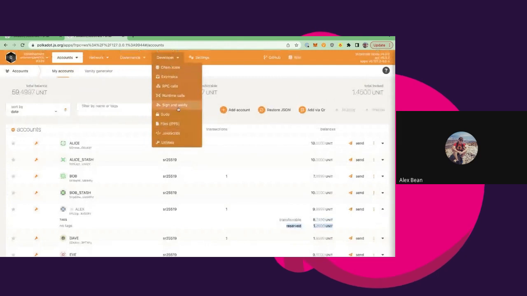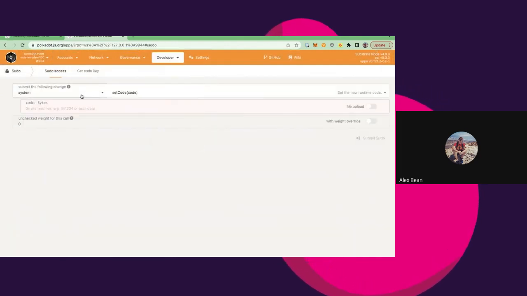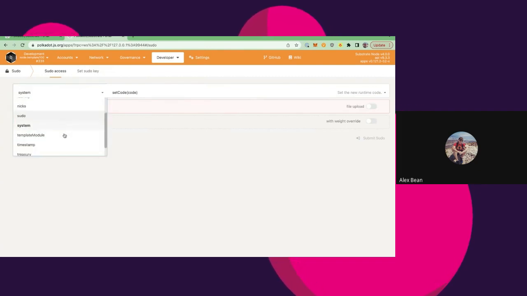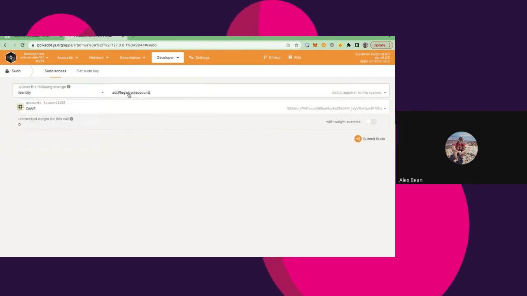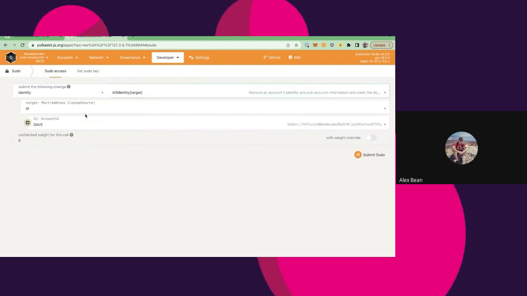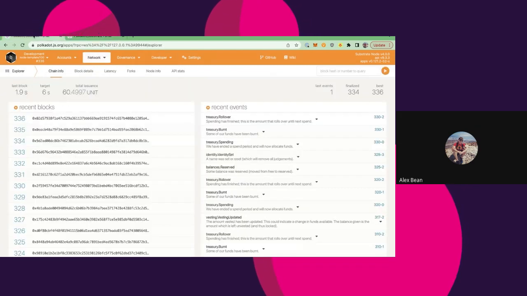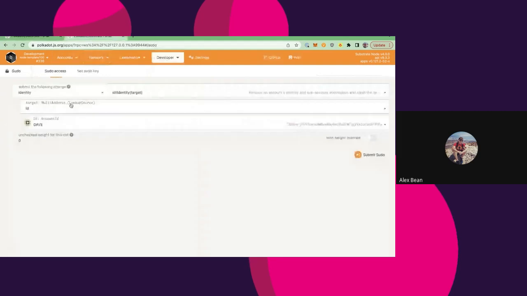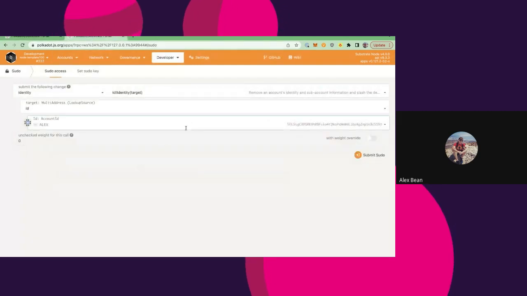Okay, so what we want to simulate now is that we did something wrong, and someone with sudo power, a sudo privilege, can go and kill our identity. So he can go here and say, okay, Charlie, we are going to kill your identity.